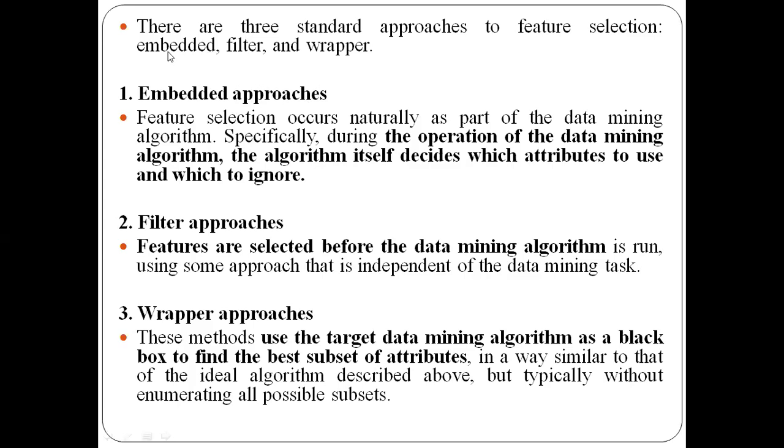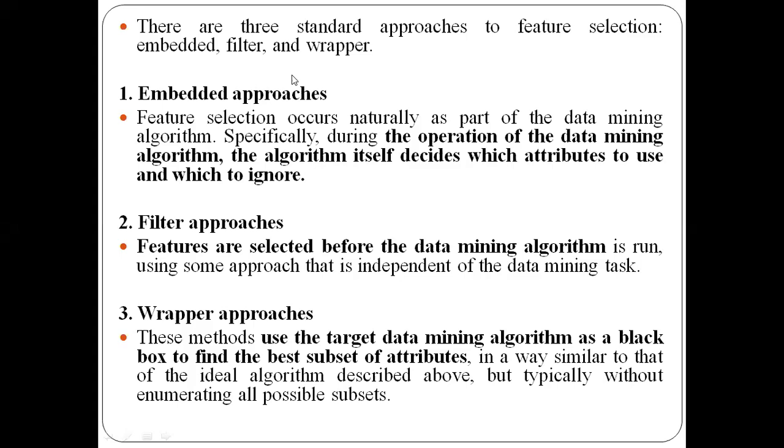Okay, in case of the embedded approach, this feature selection, that is the selection of the subset of features, will be done by the data mining algorithm only. Whenever the data mining algorithm is working, during its operation, it will decide which subset of features is required for performing its task, and it will ignore the other attributes or features which are not required.